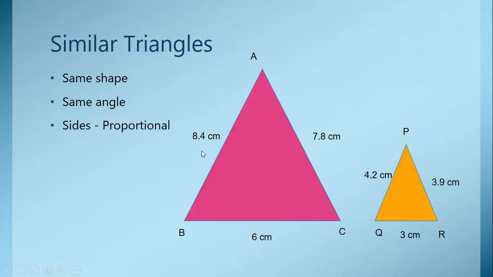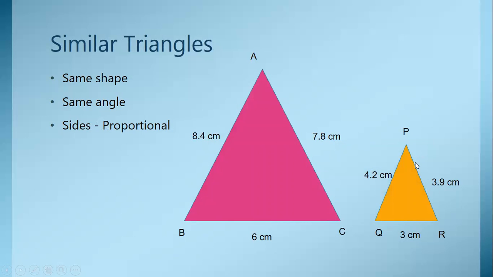For example, here you can see ABC and PQR. Both are scalene triangles, isn't it? So same shape, same angles also, and proportional sides, because AB is 8.4 and PQ is 4.2. So when you see, it is half of it. BC is 6, QR is 3, half.